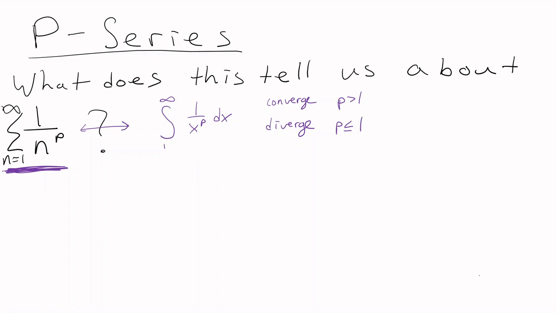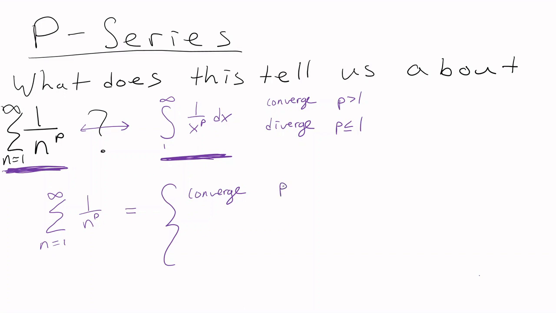So if it was 1 over x, diverge. If it was 1 over x squared, converge. This still works here because our integral test says whatever I know about this integral, I know about the original series. So for p-series, I have this fact: it will converge if p is greater than 1, and it will diverge if p is less than or equal to 1.